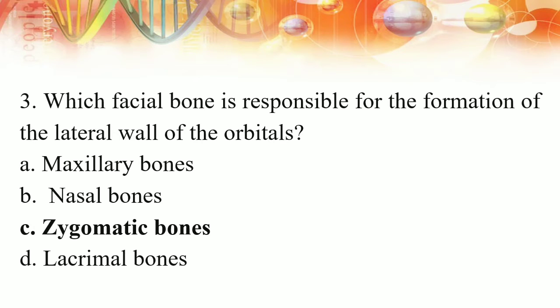Lacrimal bones function in the process of lacrimation or crying. Zygomatic bones, also known as cheekbone or malar bone, protrude laterally and form the prominence of the cheeks, a portion of the lateral wall, the orbit floor, and some portions of the temporal fossa and infratemporal fossa. So the answer is zygomatic bones.